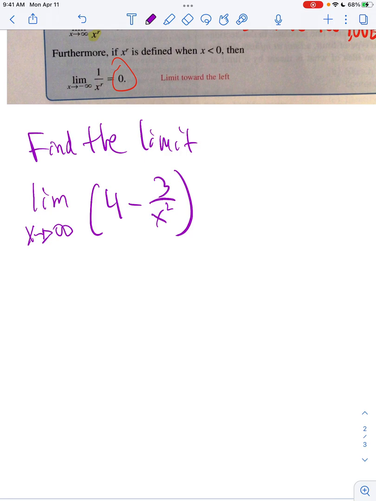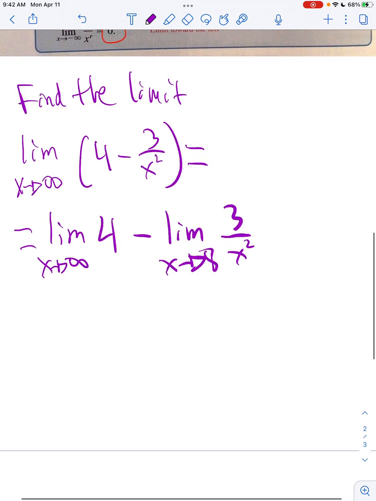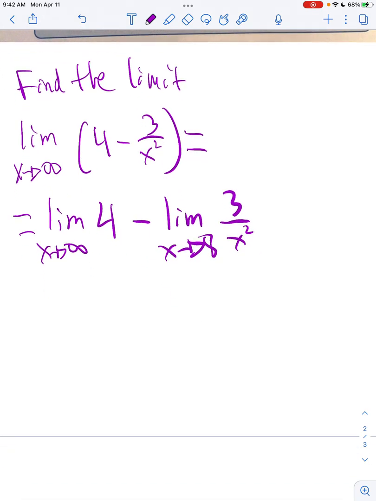Again, we can treat this type of expression in our parentheses as two separate terms. So I'm going to split this apart, and I'm going to say the limit as x approaches infinity of 4 minus the limit as x approaches infinity of 3 over x squared.